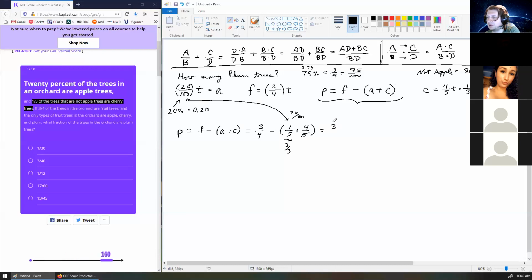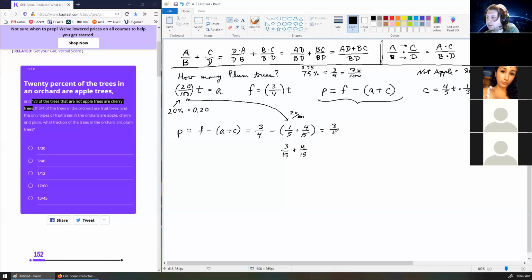So we can get, I'll just simplify it right here underneath it, 3/15 plus 4/15. So that gets us to 7/15, right?